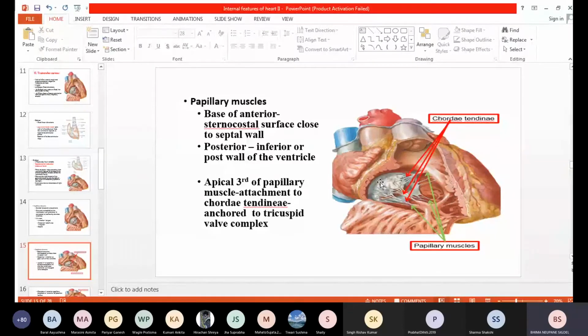The apical third gives attachment to the chorda tendineae, which connect with the cusps or leaflets of the tricuspid valve complex. That is about the papillary muscles.